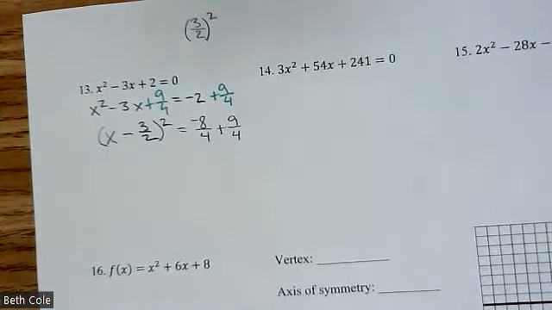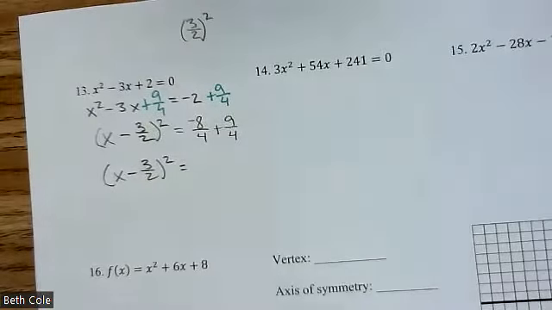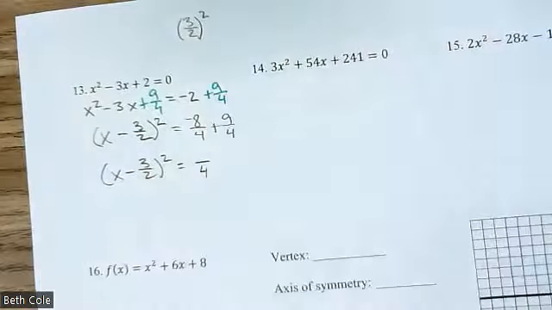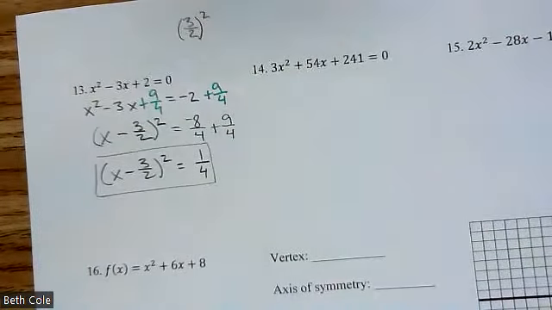You can think of it as 2 times 4 is 8, or 8 divided by 4 is 2, however your brain wants to do that. But then here's your final answer. It'll be x minus 3/2 squared equals how many fourths? 1. -8 plus 9 is 1. You survive. You're going to be okay.